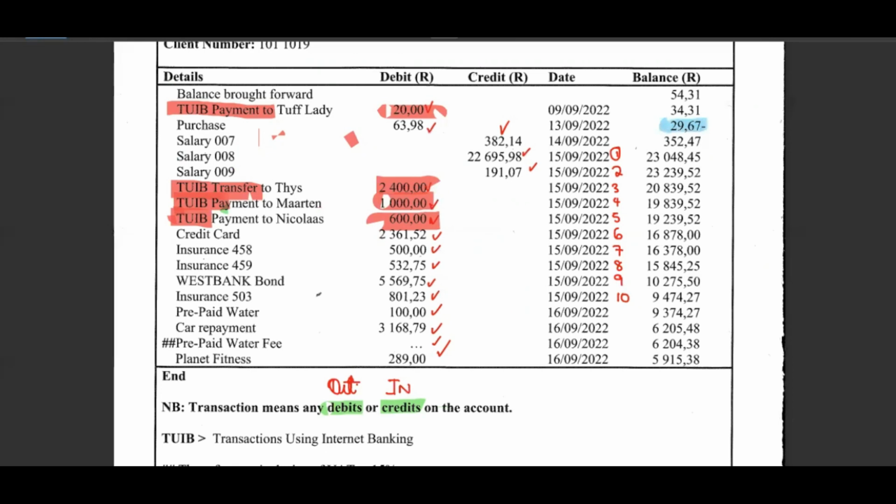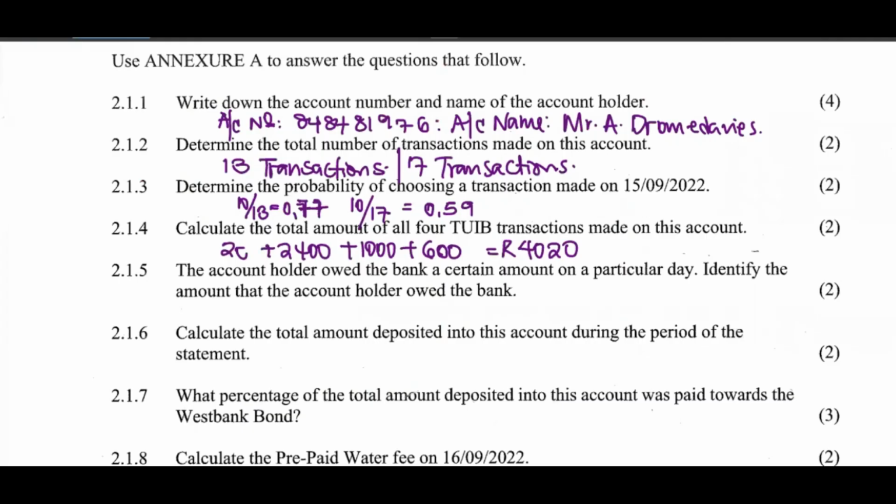The person had 34 rand 31 cents in their account, and they made a purchase of 63 rand 98. Simply meaning the bank covered the difference, because it has a negative there. Look at that. So the amount is supposed to be 29 rand 67 cents.